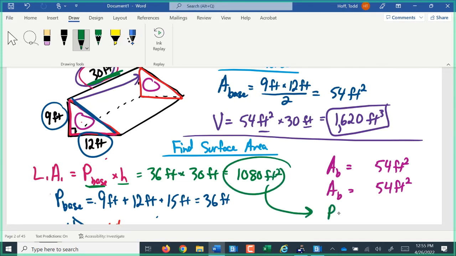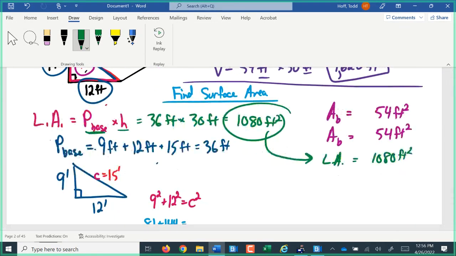That is not the perimeter of my base, that is the lateral area. I add those together, and 1,188 square feet is my total.